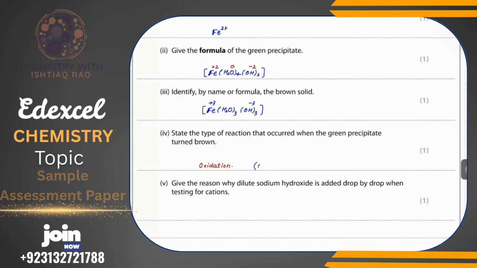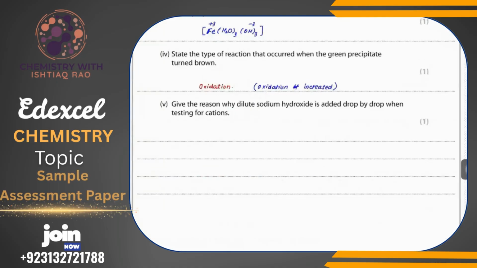Give the reason why dilute sodium hydroxide is added drop by drop when testing for cations. Very good question, one mark, of course, it's a concept.